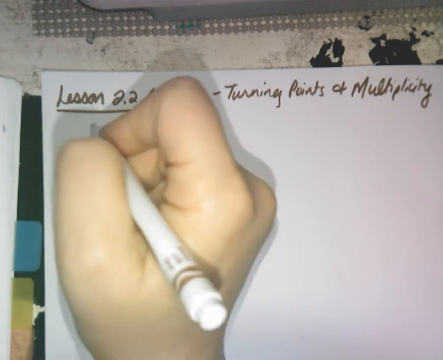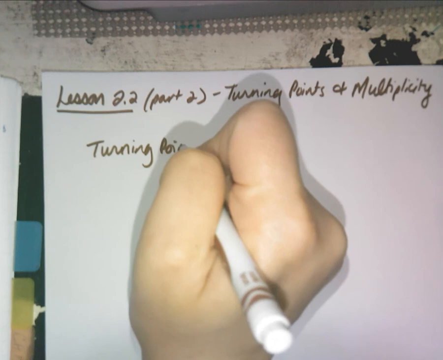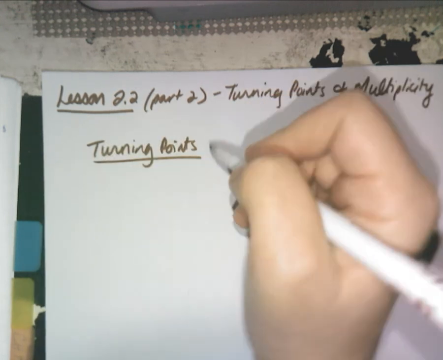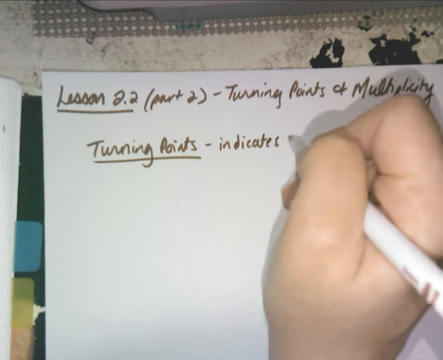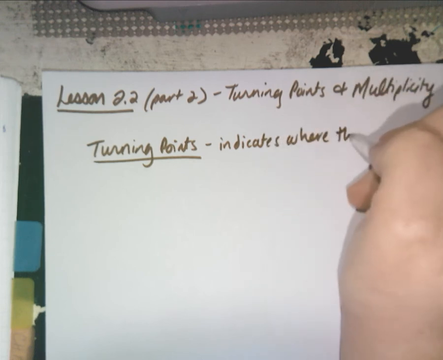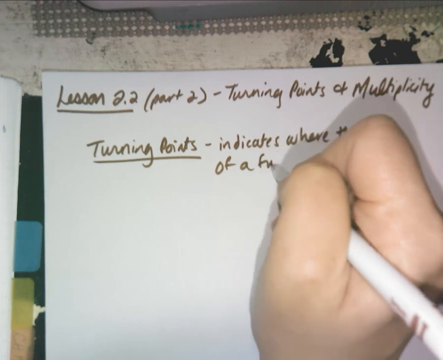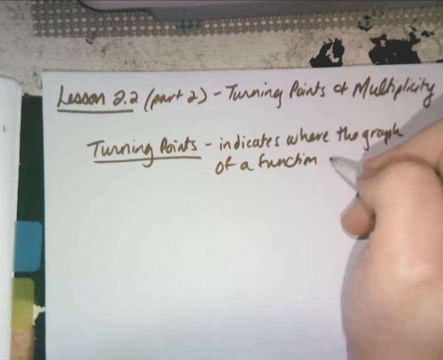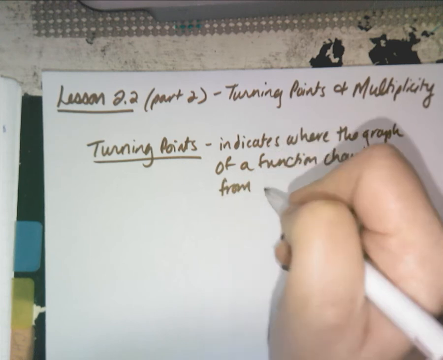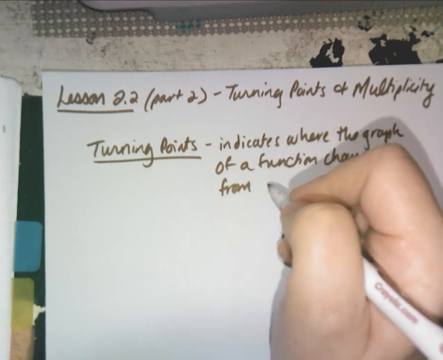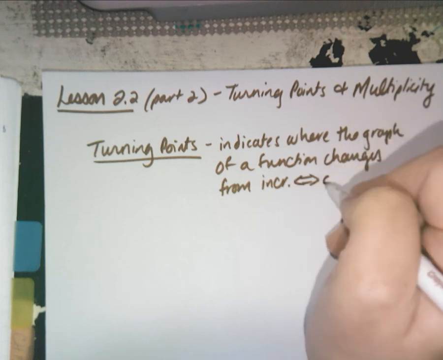So let me talk about what turning points are. The turning points in a graph indicate where the graph of a function changes from increasing to decreasing.